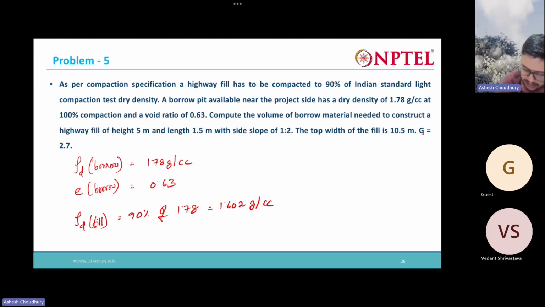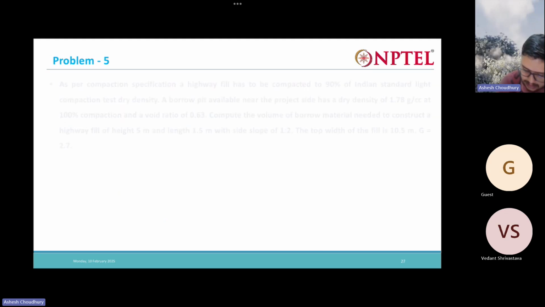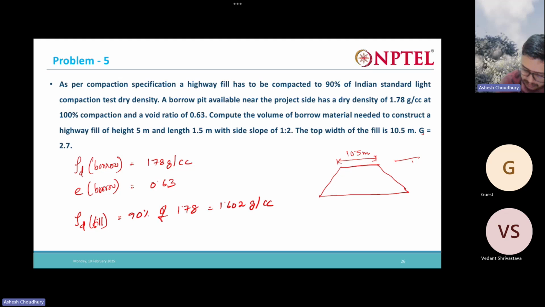Now we have to construct a highway, and the dimensions of the highway fill are given. So the top width is 10.5 meters. Length is given, height is given, height is 5 meter, and the slope is also given 1:2.